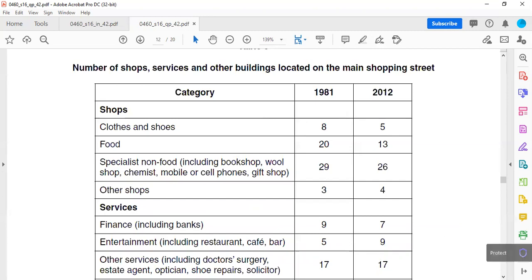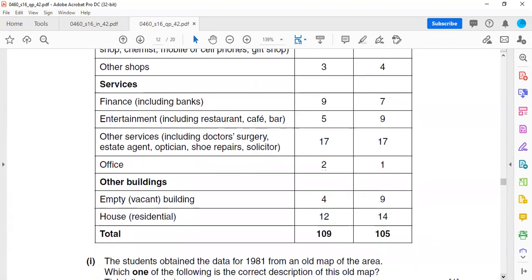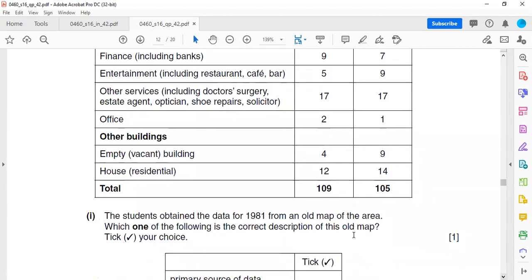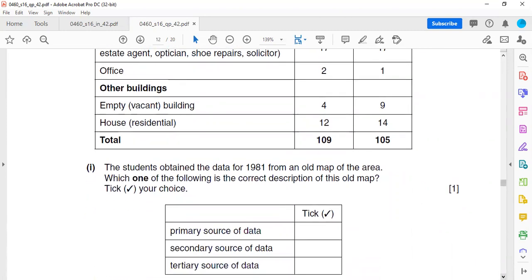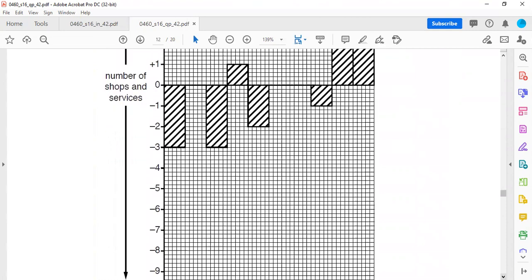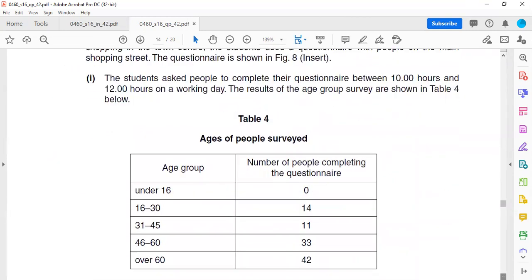Other services is constant, but every other one has reduced. So the total was 109 before, now the total is 105. You have to put like 3-4 data in your explanation. Do you get? If you don't put data in your explanation, you only get half mark.